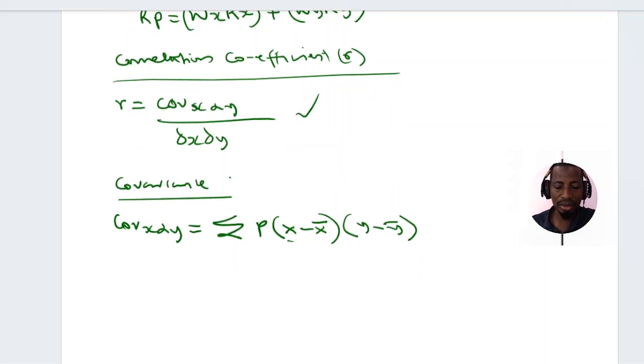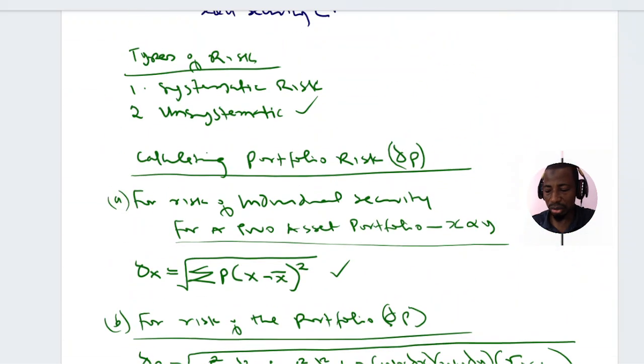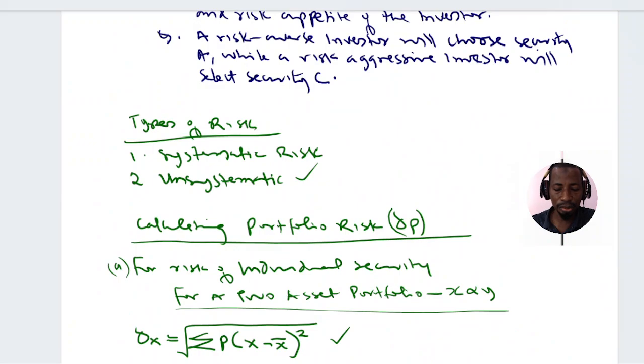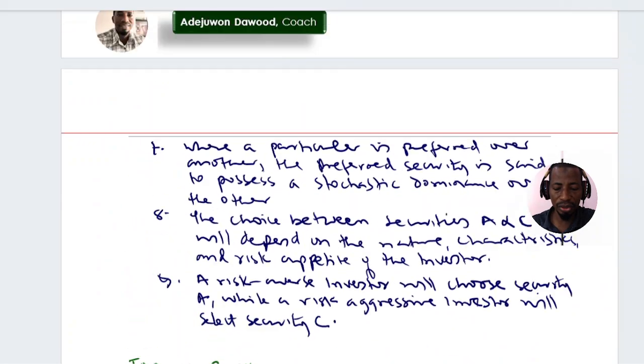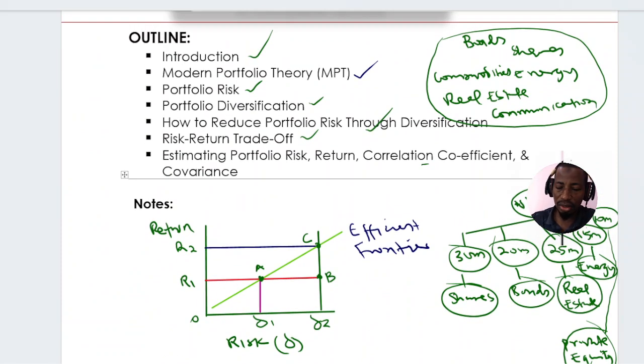So these are all the relevant formulas you need to take into consideration whenever you want to determine portfolio risk or portfolio return. Okay, I think we have exhausted all relevant discussion in relation to our course outline for today's discussion. However, there are other areas in portfolio management that you need to take into consideration.